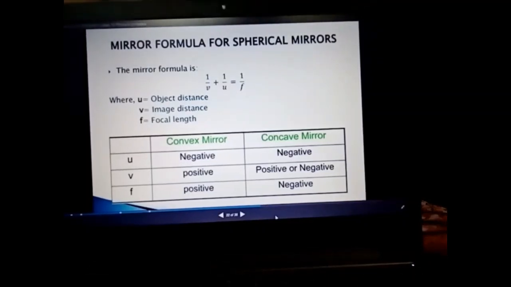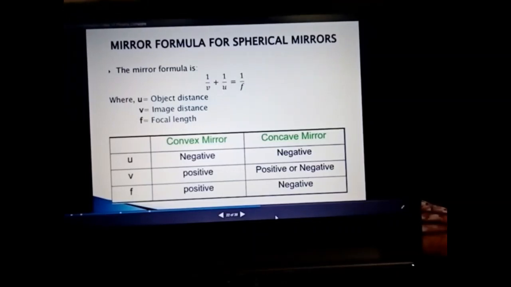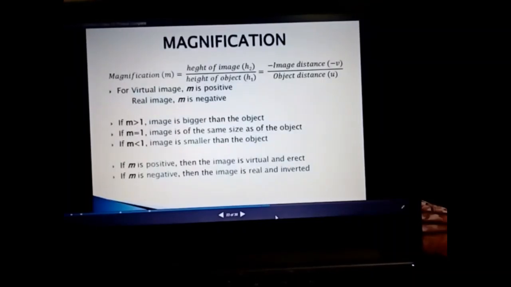So the focal length for a convex mirror is always positive and for a concave mirror is always negative. This table comes from the new Cartesian sign convention, which we studied in the previous slide. Now the next topic is magnification.